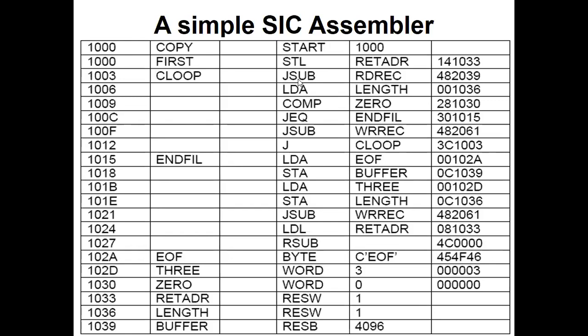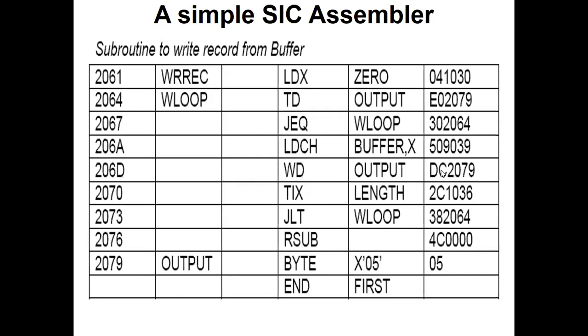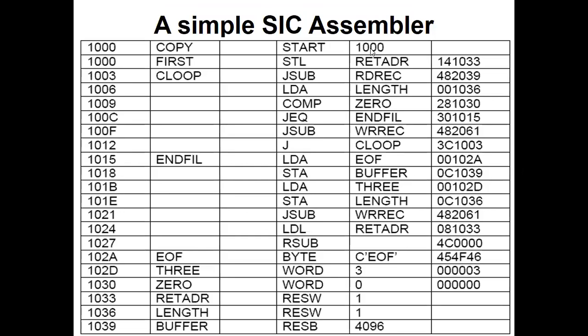The instruction jump to subroutine RDREC, that is its machine language. The instruction load the accumulator from length, that is its machine language equivalent, and so on until you get to the bottom where you have these directives like reserve word, reserve byte, because those ones are just reserving storage. They are not instructions. Remember, we said that directives are not translated to machine language.